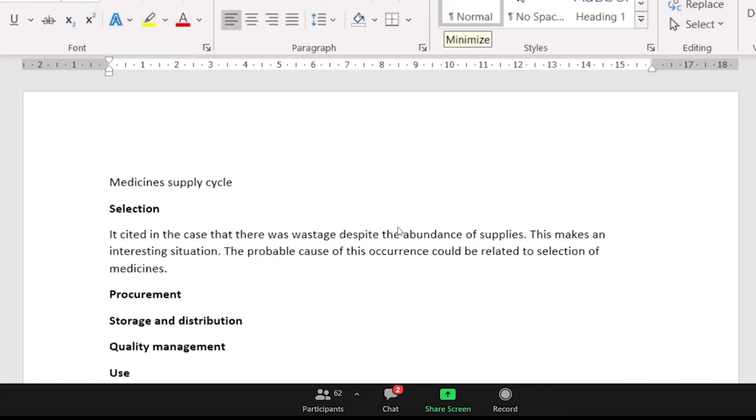Yes, Peter, can you contribute to the next sentence in our illustration? Selection can go wrong if, for example, you set up for a drug that is not in terms of the disease pattern in that area.